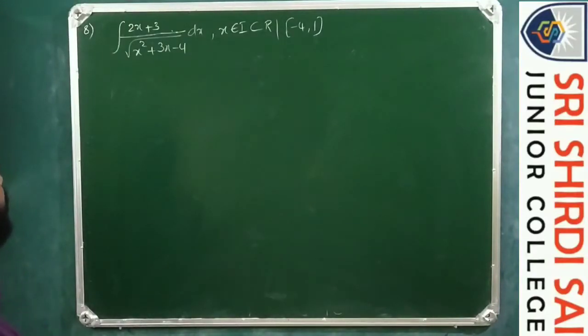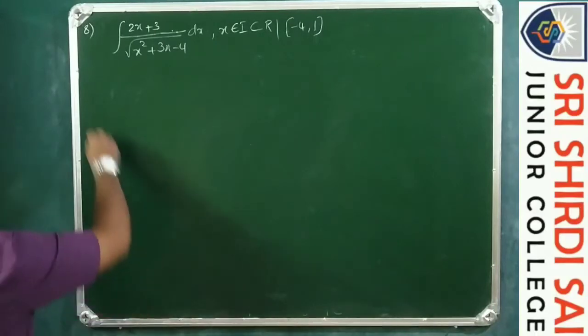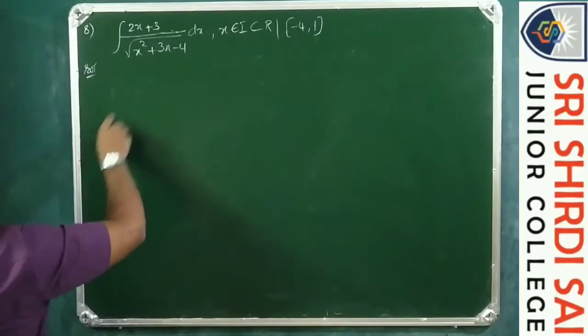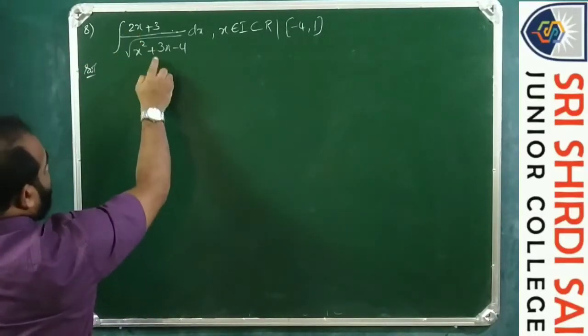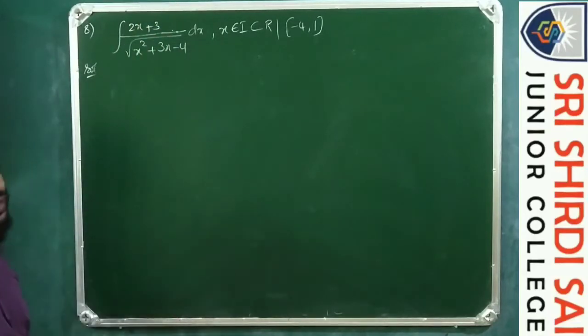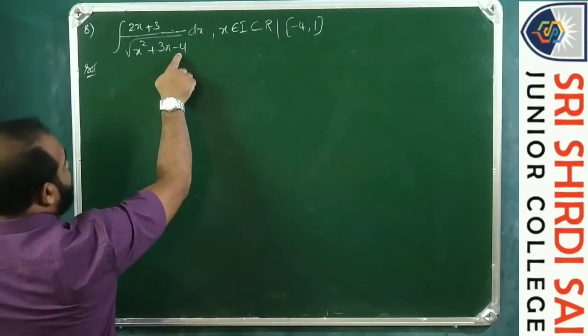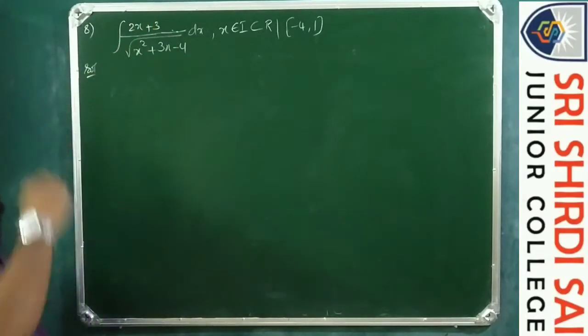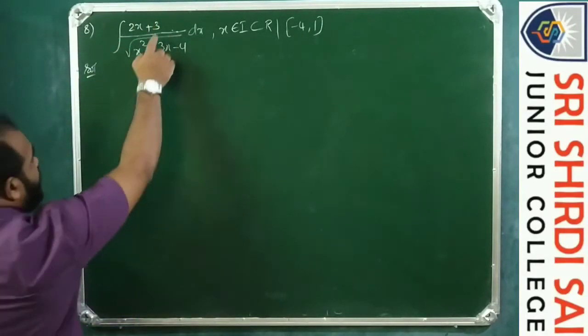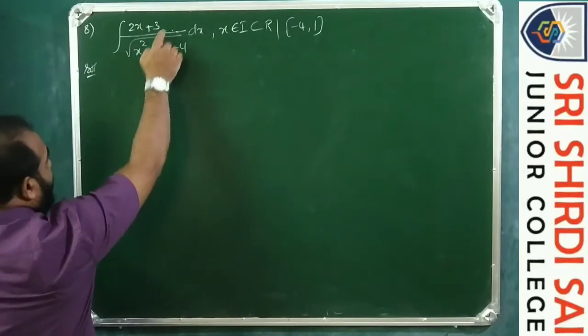Integral (2x plus 3) by root of (x square plus 3x minus 4). Here x square derivative is 2x and 3x derivative is 3, so the derivative of x square plus 3x minus 4 is situated in the numerator.